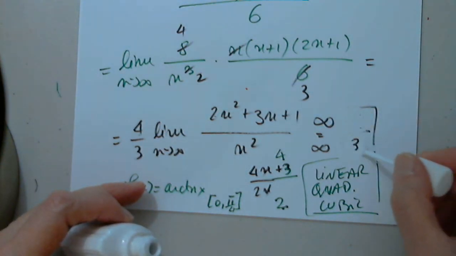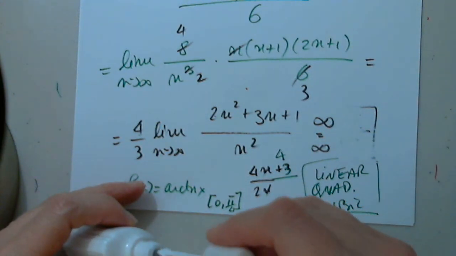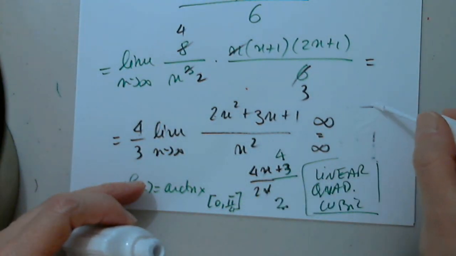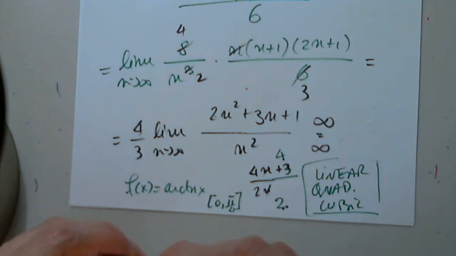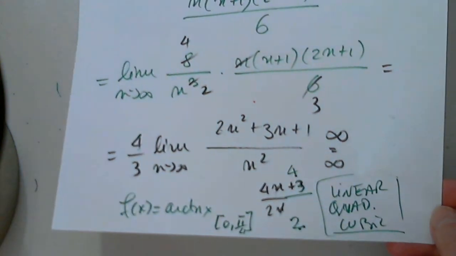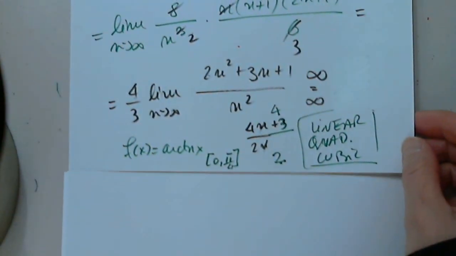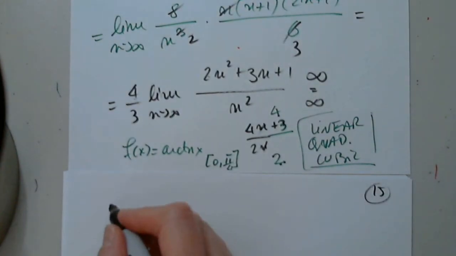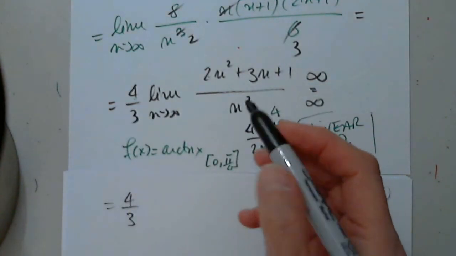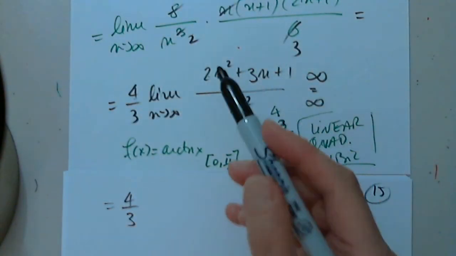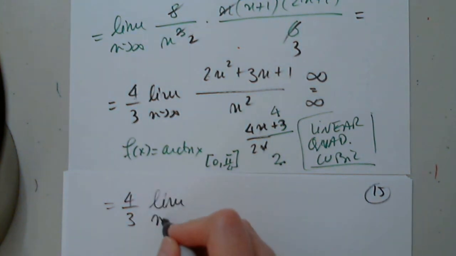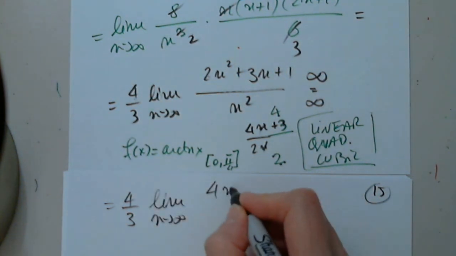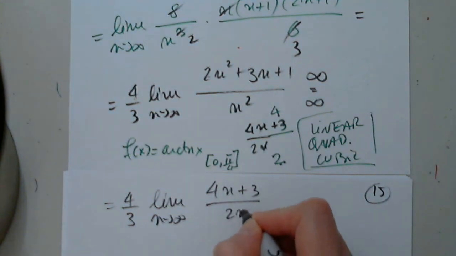So you didn't see this. So let's continue. So we're applying L'Hopital's rule, and we have 4/3 in front. So infinity over infinity, I differentiate the top. So I get 4n plus 3 divided by 2n.